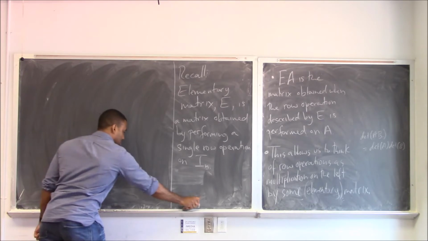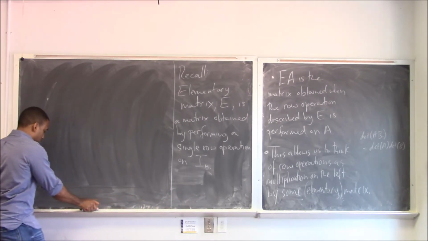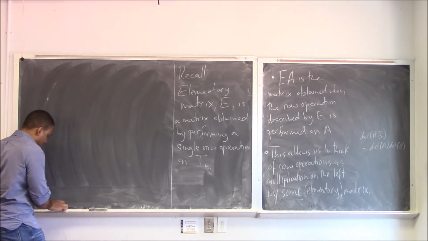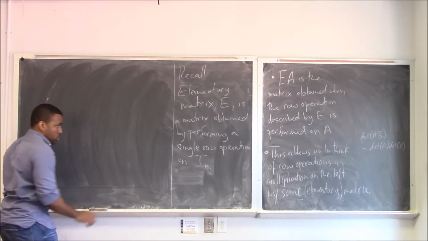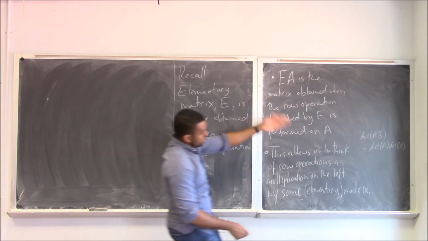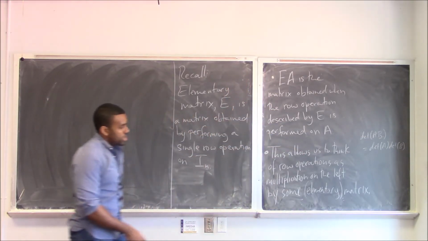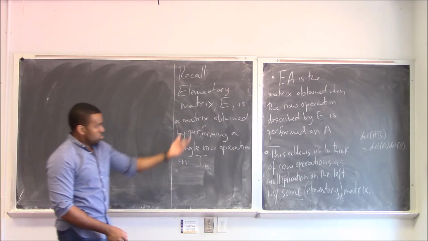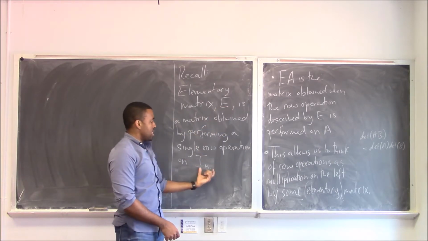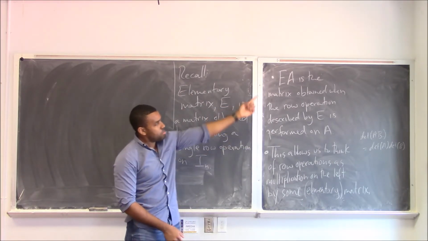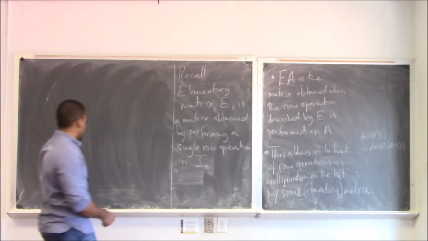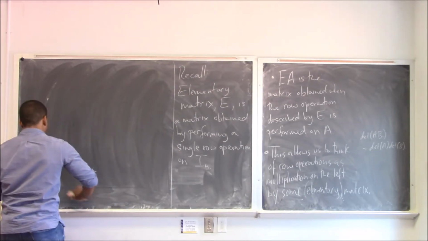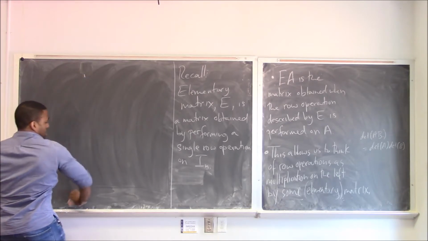A row operation is really just a multiplication by a certain elementary matrix. If I want to take row 2 and add it to row 3, I can just describe that by doing that on the identity, creating some matrix, and then multiplying it. So that's really nice. We're going to take this a little bit further today and talk about elementary matrices.